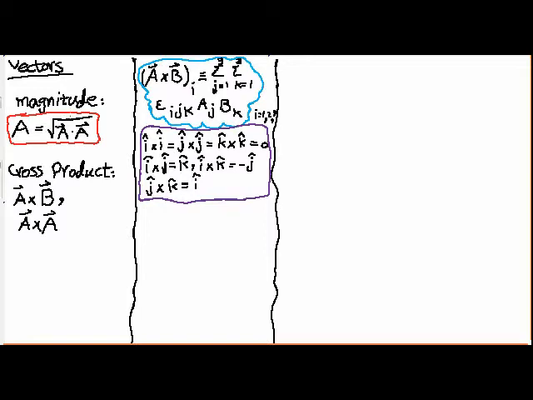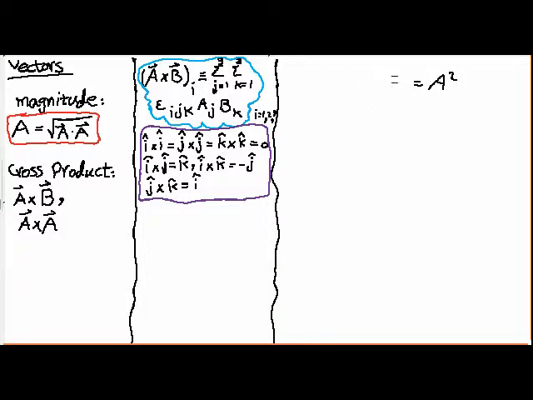You can always use this equation to get the magnitude of A. It works because from the previous tutorial we know that if I have two vectors A and B, the dot product gives the magnitude of the first times the magnitude of the second times the cosine of the angle between them. When the vector is dotted with itself, the angle is 0 and the cosine is 1, so it's A squared. Therefore the magnitude of A is the square root of this. So you can always use this equation to get the magnitude of a vector.